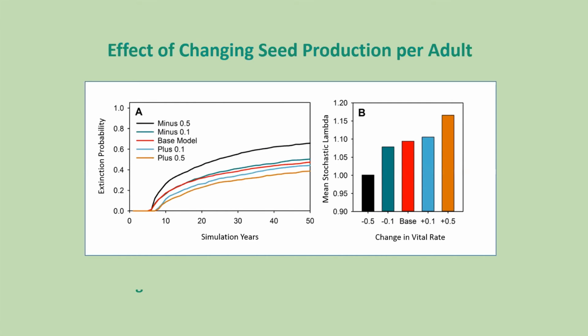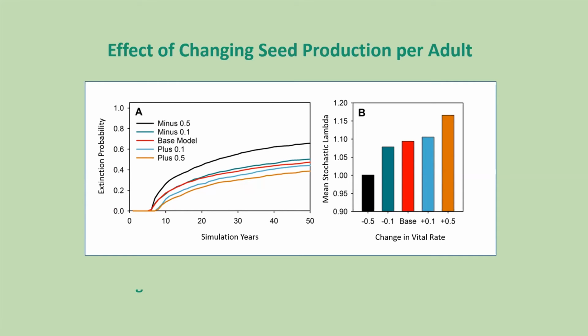Okay, here's the effect of changing the seed production per adult. It had a huge effect, right? It also dropped stochastic lambda down to below 1. So it says if you cut the seed production per adult plant by 50%, you're going to push this thing down to a level where it might not be able to survive. But I do need to tell you one other thing.